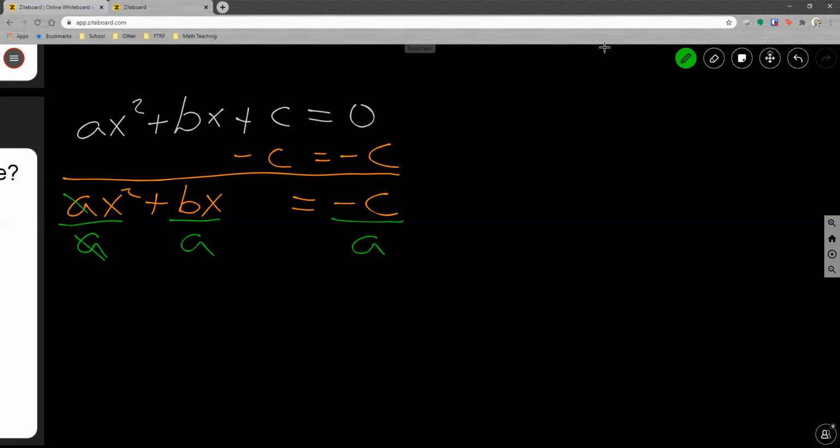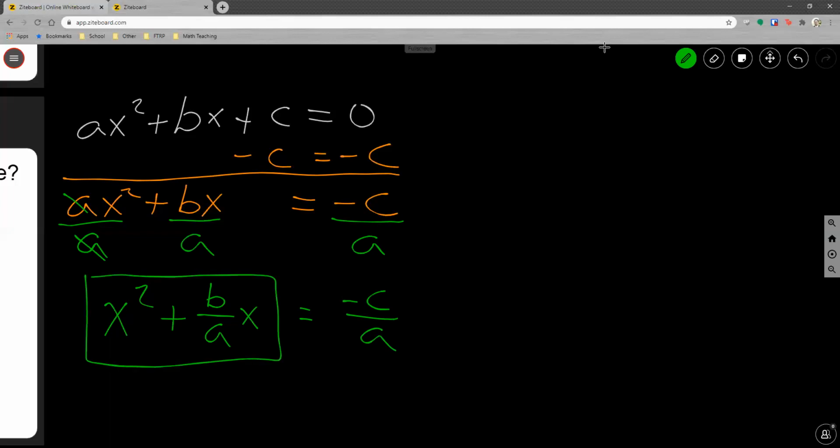The a's cancel here, so I'm left with x squared plus b over a times x equals negative c over a. So this is exactly what we want. Now we've got a situation where I can complete the square.